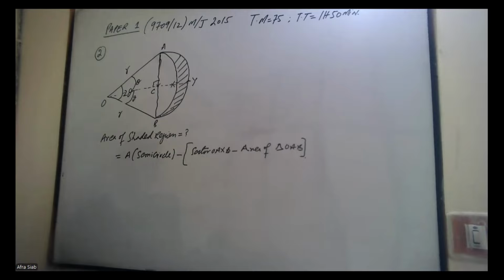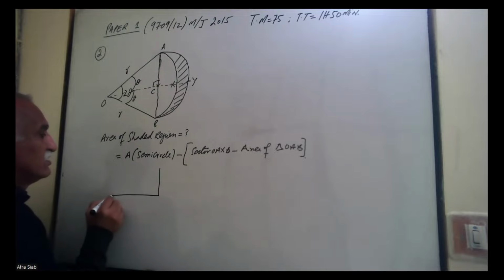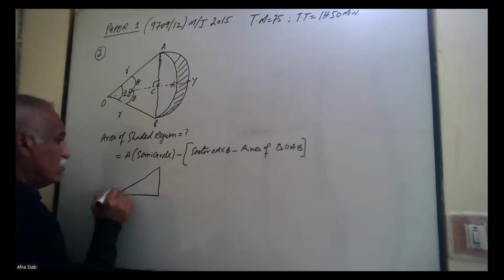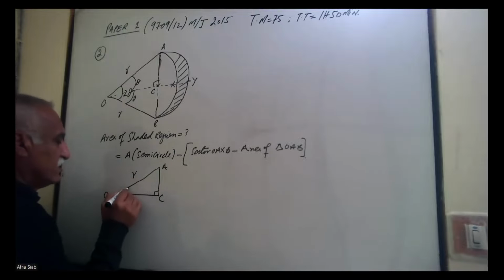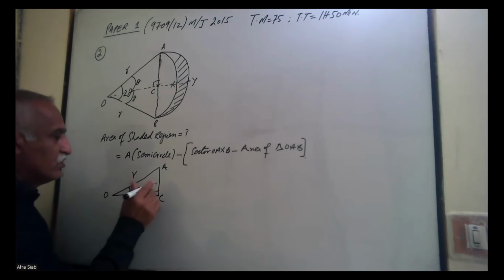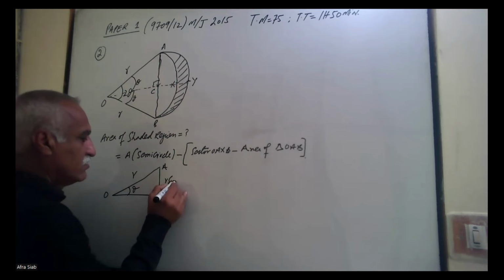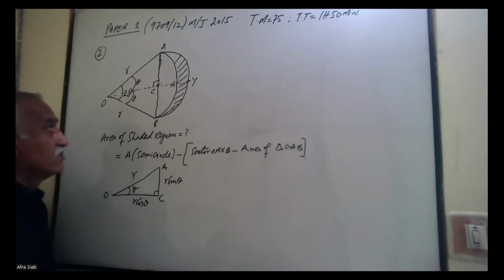So first of all, the area of this semicircle is being calculated. We know that this O, A, and this C are making an angle of 90 degrees. It is R, and this is angle theta. And we know that this will become R sine of theta, and this will become R cos of theta.